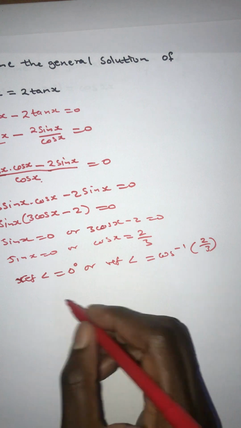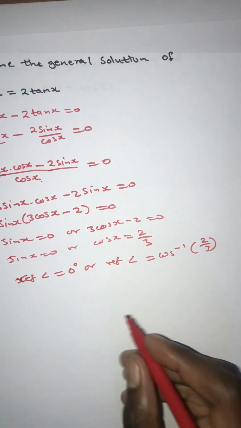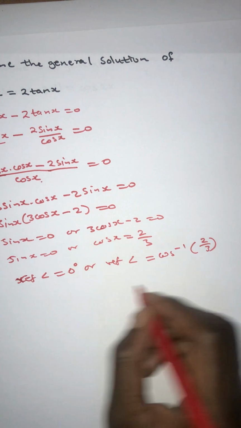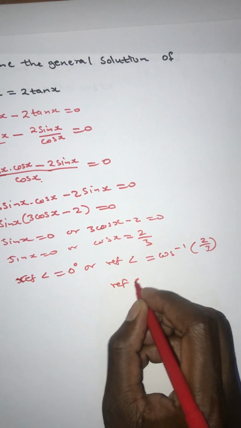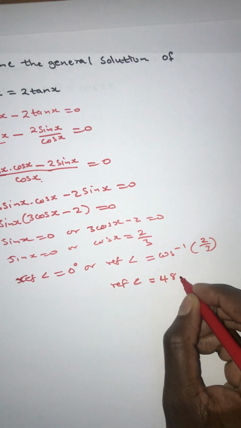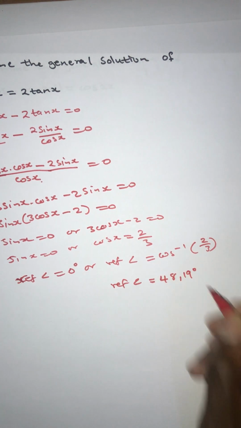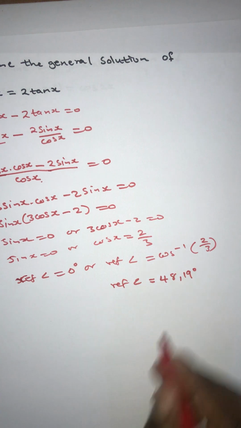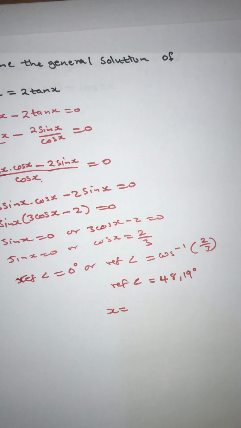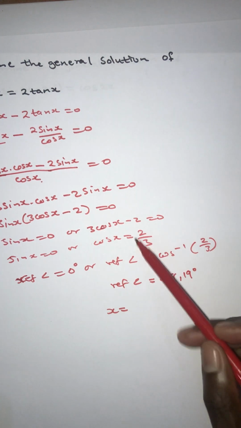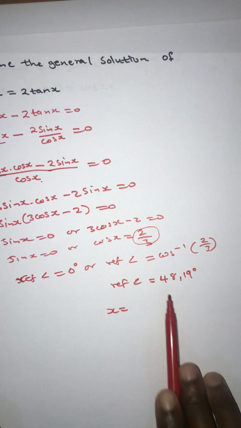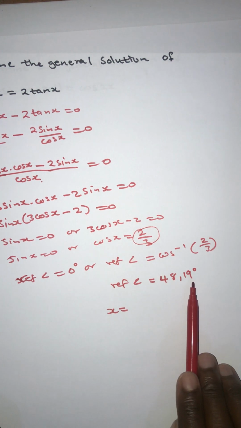So let's ignore this one because it's always giving us 0. So the reference angle this side is equal to 48,19. So now let's check. X is equal to, let's check this one. It means cos is positive, and this is the first quadrant where cos is positive.